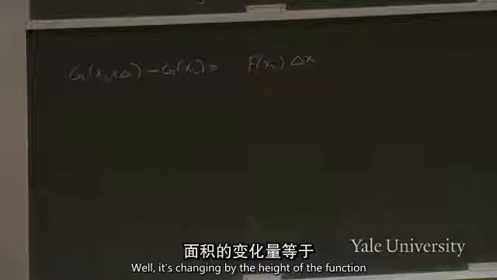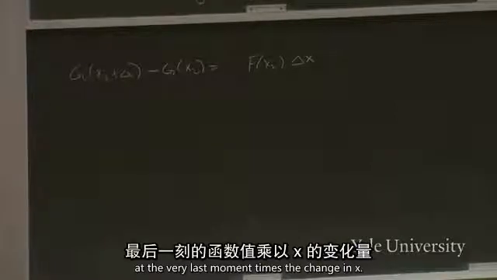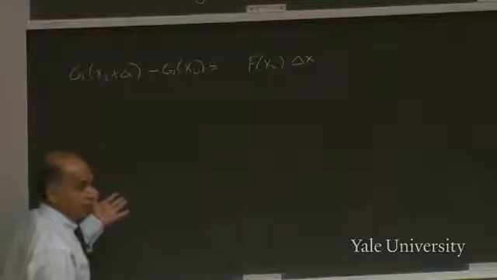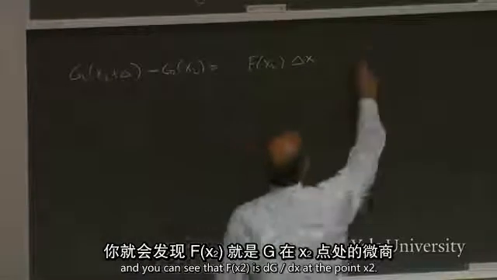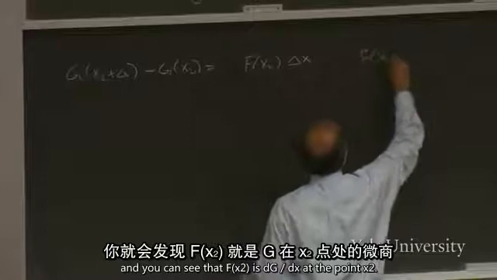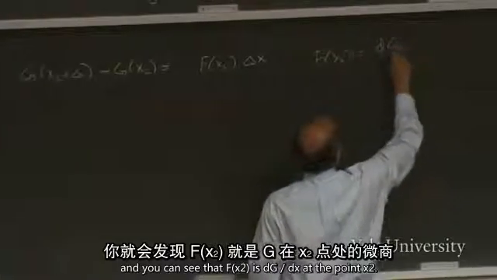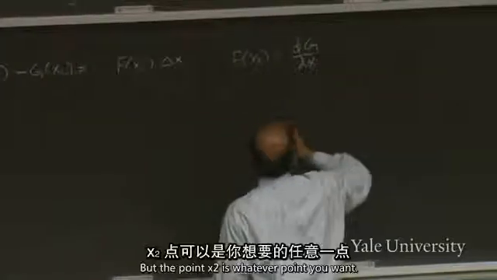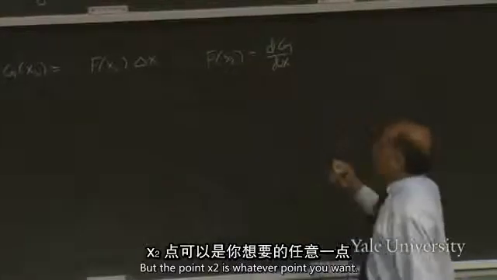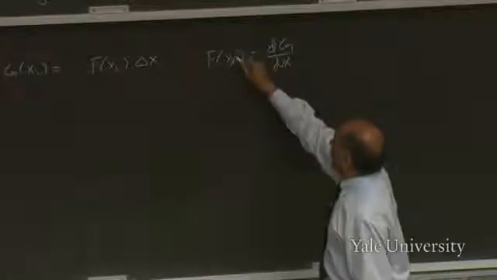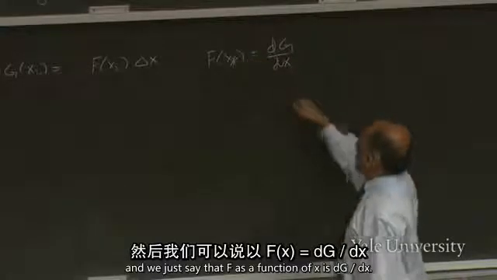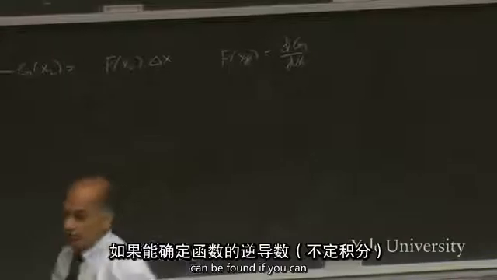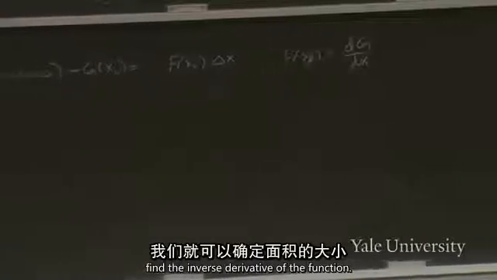Well, it's changing by the height of the function at the very last moment times the change in x. Well, we know what to do now. Divide by delta x and take the limit. And you can see that f of x2 is dg/dx at the point x2. But the point x2 is whatever point you want, so we drop the label and just say that f as a function of x is dg/dx. This is the origin of the result that the area can be found if you can find the inverse derivative of the function.